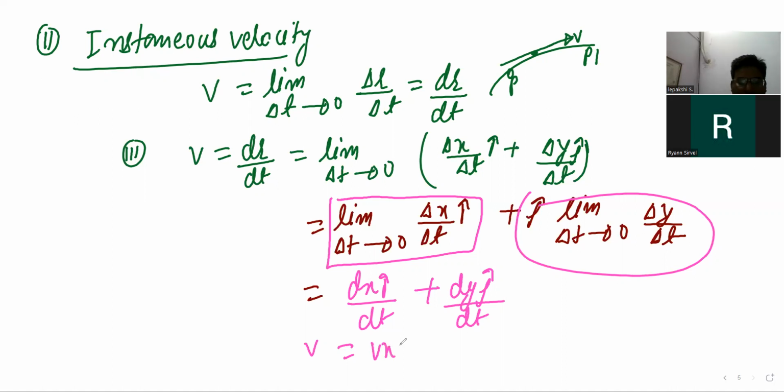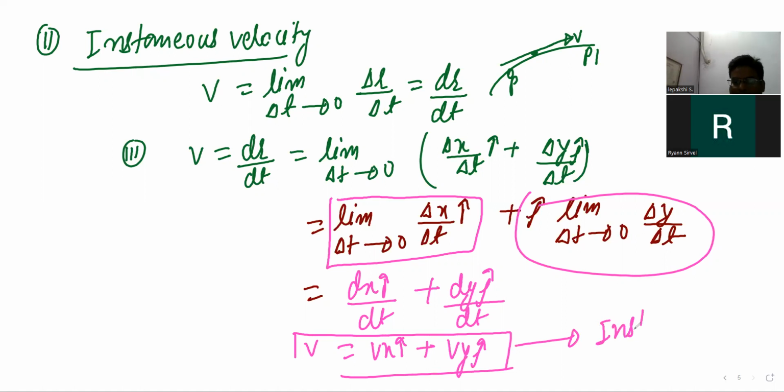So it is v x of i plus v y of j. So this is the instantaneous velocity expression. Please write up to this point. So this will give the instantaneous velocity, right?